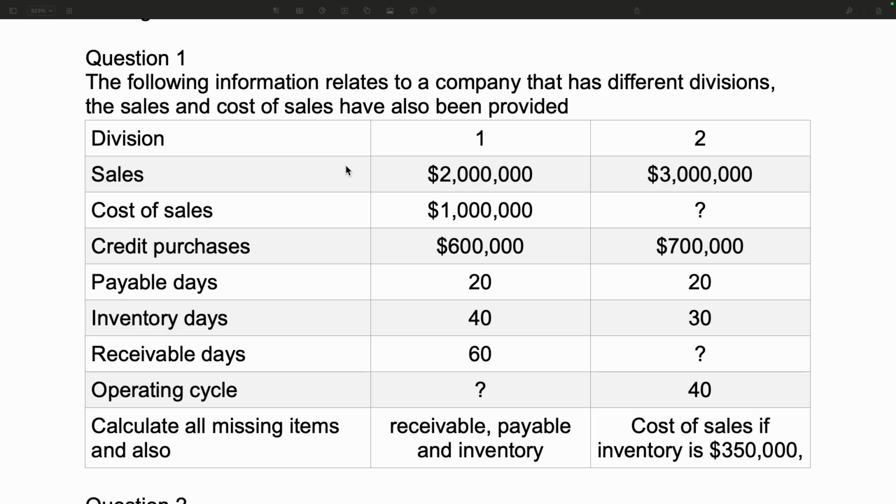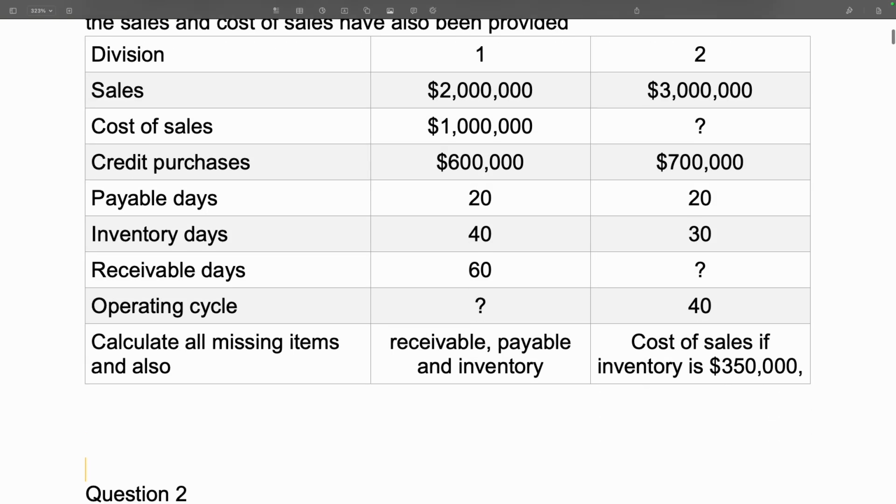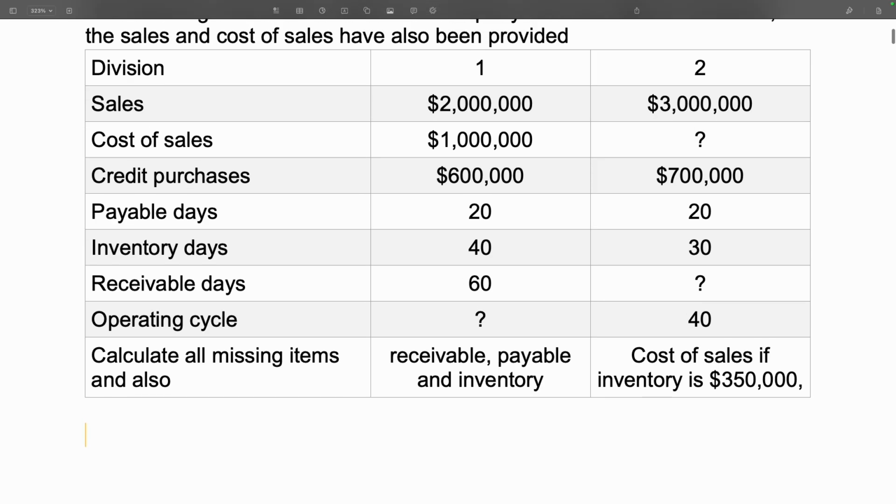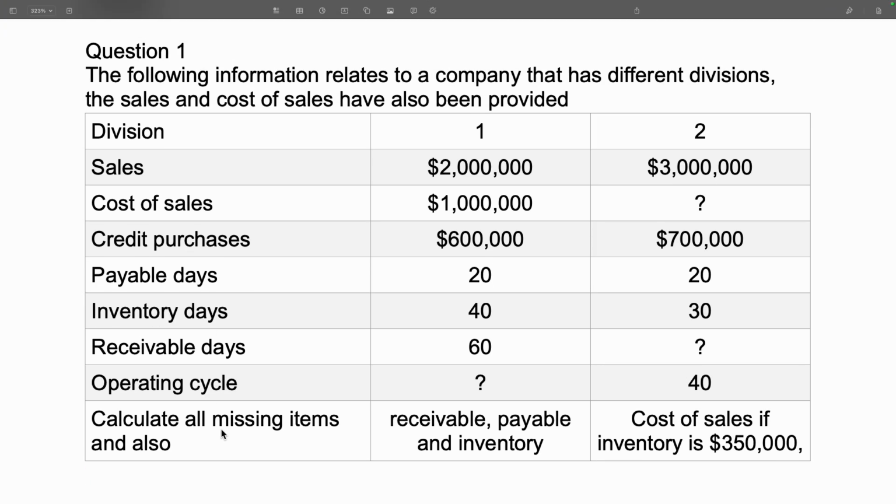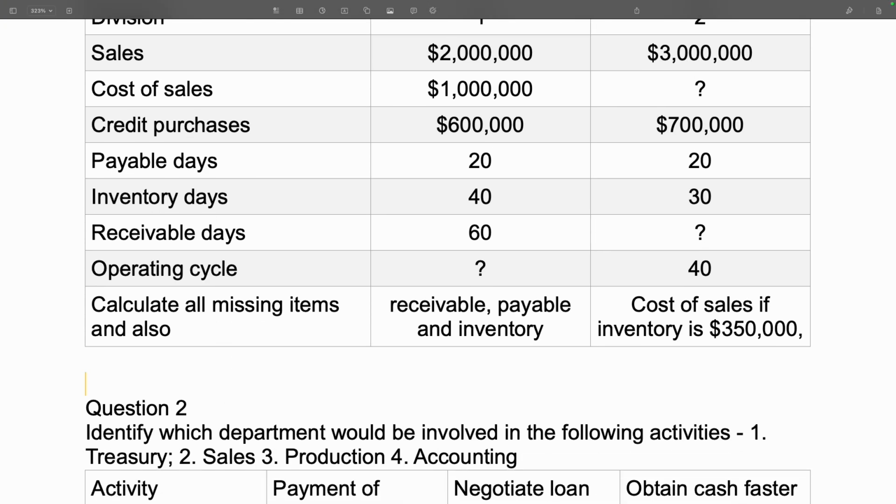Now, here you've been given sales, cost of sales, credit purchase, payable days, inventory days, receivable days, and operating cycle, and then you calculate all the missing items. So you need to calculate how much is the receivable, how much is the payable, how much is the inventory, and how much is the operating cycle.